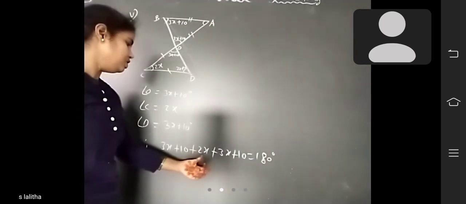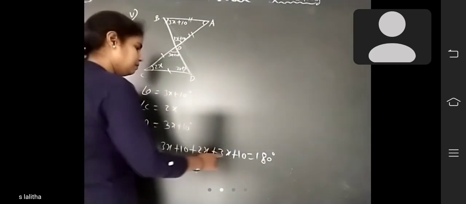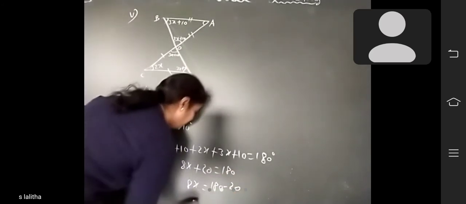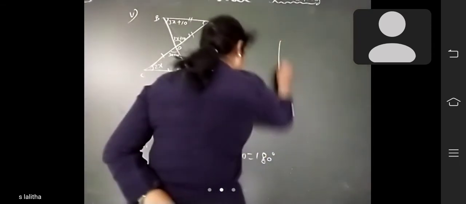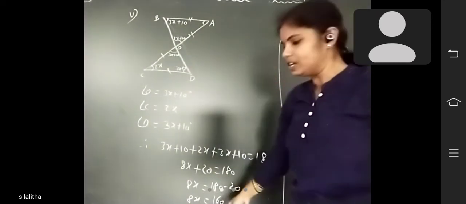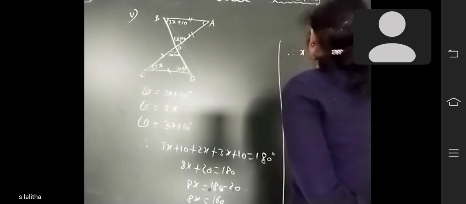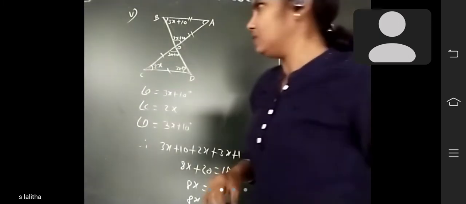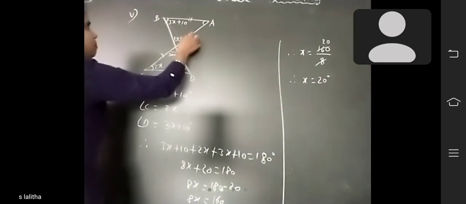Now add: 3 plus 2 is 5, plus 3 is 8x, plus 10 plus 10, 20, equal to 180. 8x is equal to 180 minus 20, which is 160. Now x is equal to, here 8 is multiplied. If you transpose it, what will become? Divide 160 by 8. How much? 20. Therefore, x is equal to 20 degrees, children.